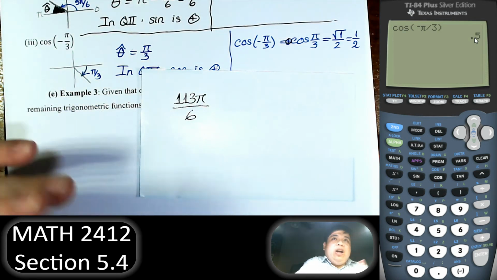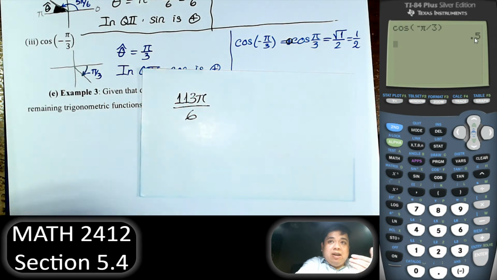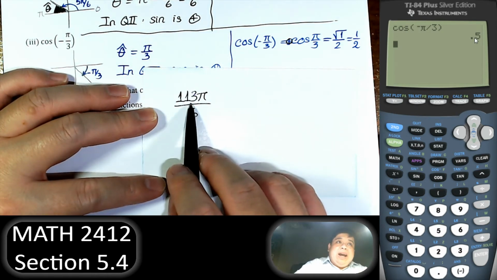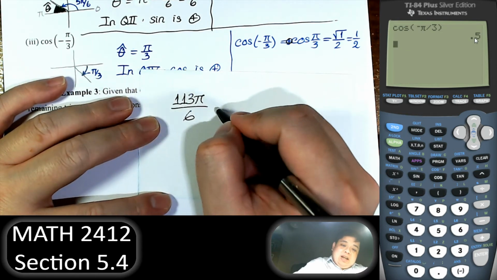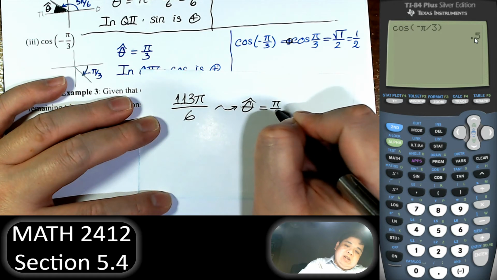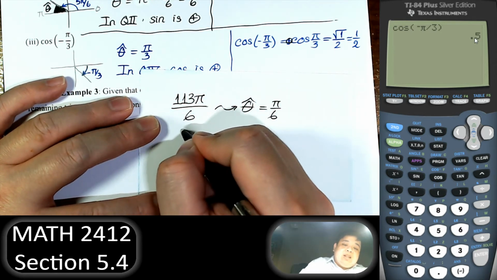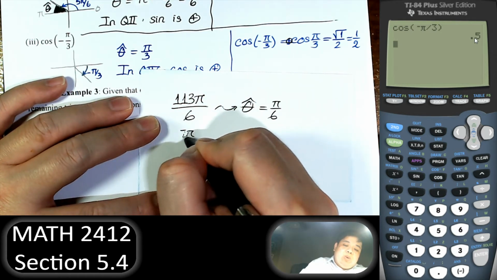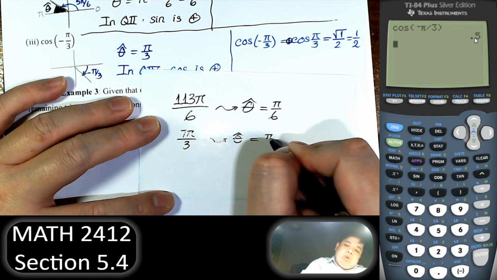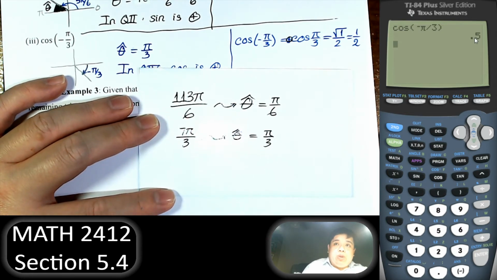Right, now if it is in radian mode, if this fraction is irreducible and it ends up with 6, then the reference angle is pi over 6. If we have, let's say, 7 pi over 3, the reference angle would be pi over 3. But that fraction has to be reduced.